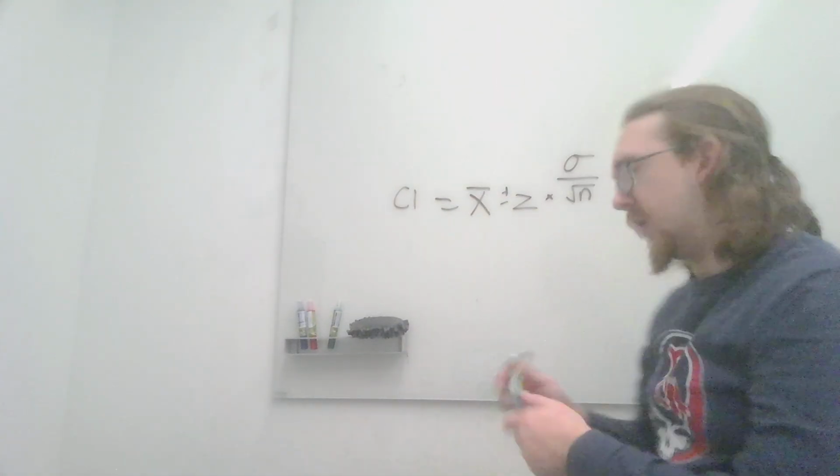If it's 90%, the z-score is 1.645, which means that 90% of the values of your data lie within 1.645 standard deviations. Let me draw a standard bell curve here.